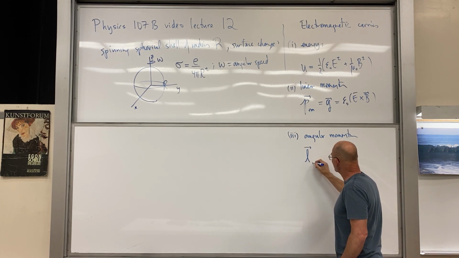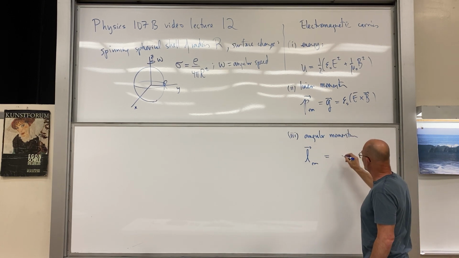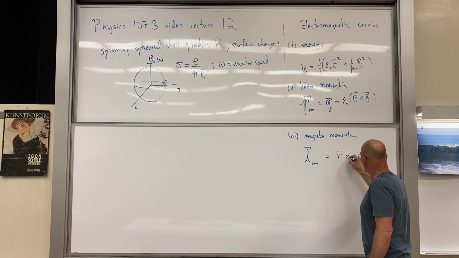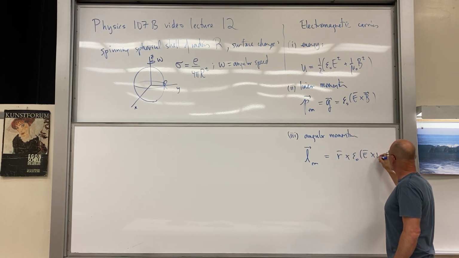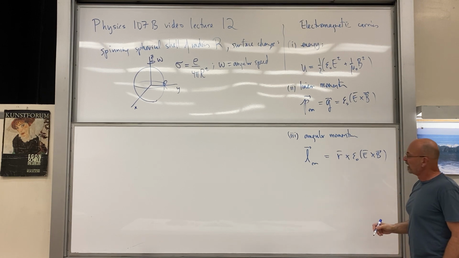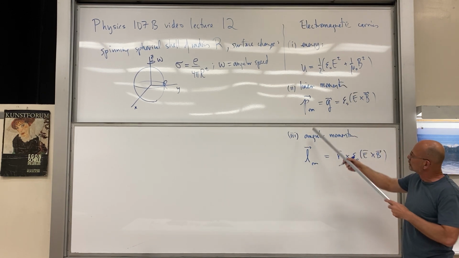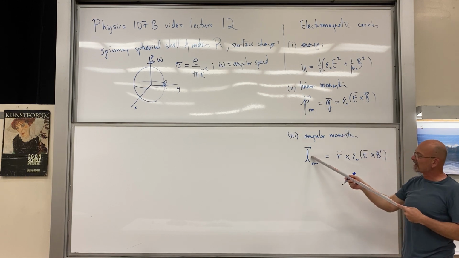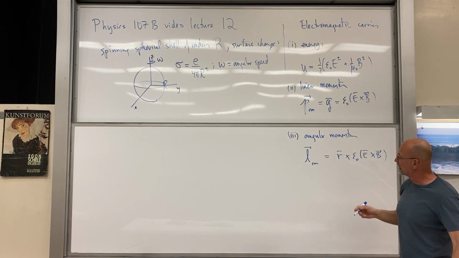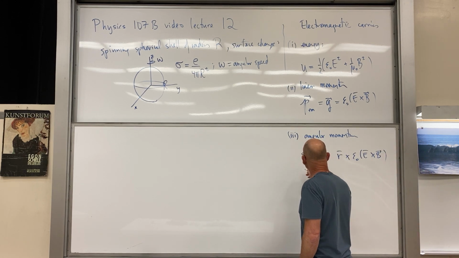But this is the density, it's just r cross p, or r cross G, so it's r cross epsilon naught E cross B. And the total of these things, these are densities, so the total energy, linear momentum, angular momentum would be the integrals over space.